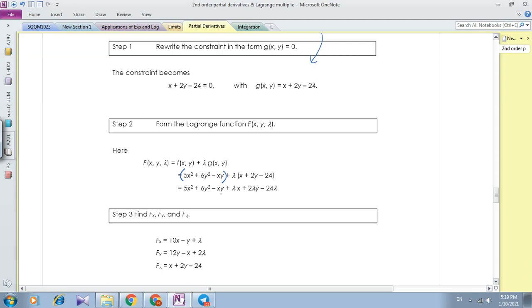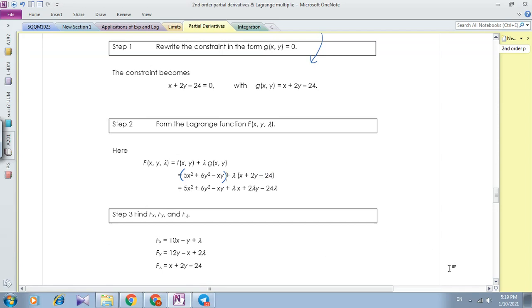Then we can expand the equation, so this is lambda times x plus 2 lambda y minus 24 lambda.